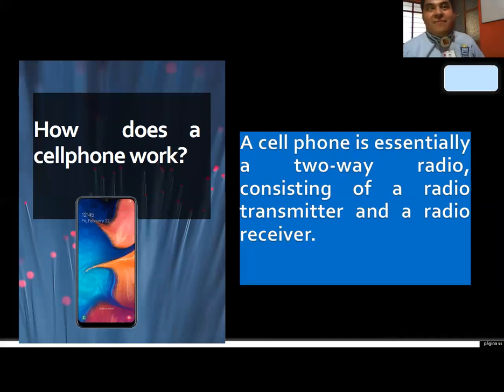And the last one, how does a cell phone work? This is very common. A cell phone is essentially a two-way radio consisting of a radio transmitter and a radio receiver. This is why when you make a call, you are transmitting information, you are transmitting sounds, but at the same time you are receiving information.